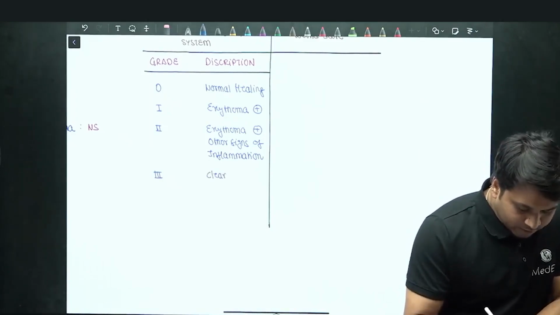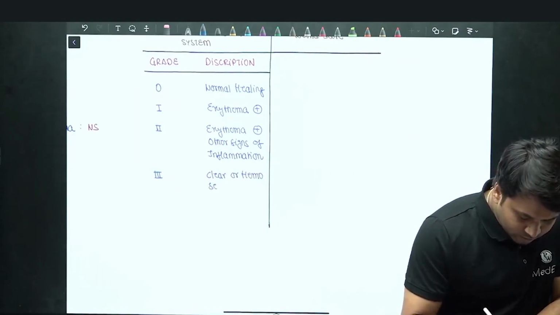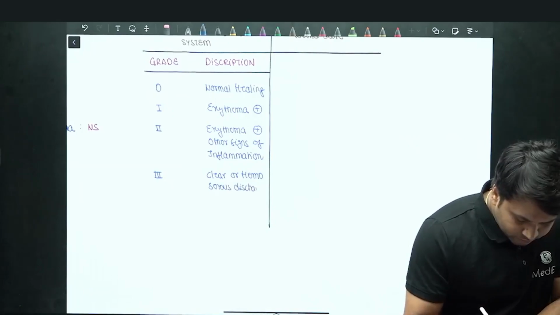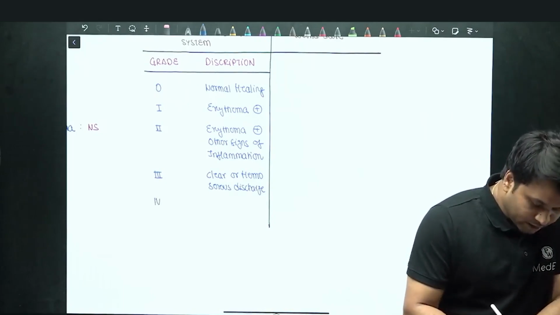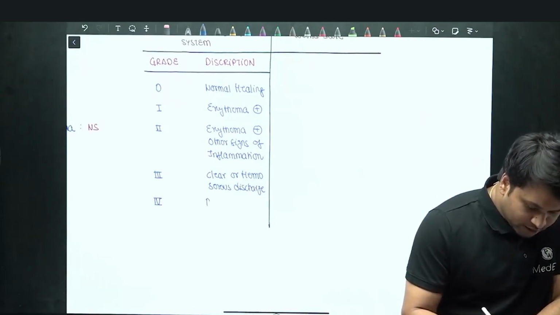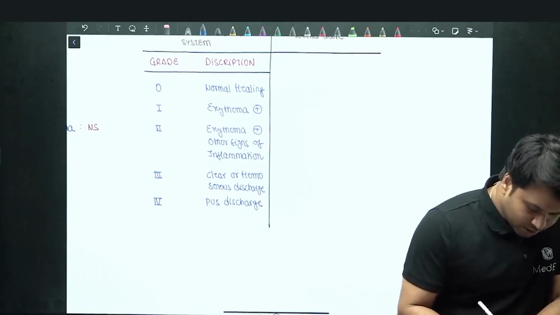There is clear or hemoserous discharge noticed, that is grade 3. Grade 4, there is pus discharge.